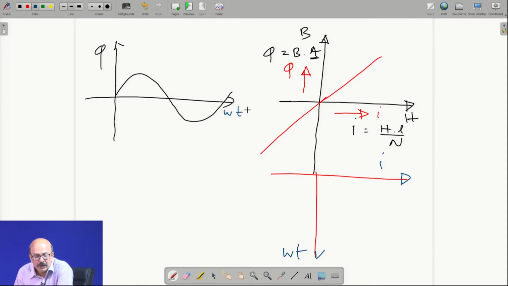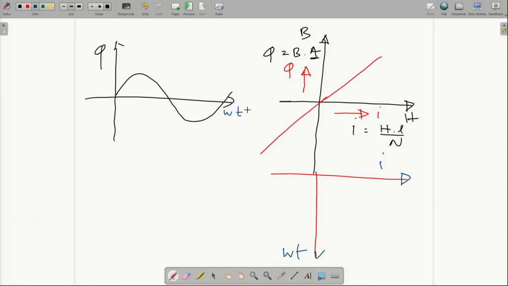For a definite flux, we are trying to find the nature of the current using the magnetization characteristics of the material. So, in the core, if you like to produce this flux, what kind of current do you need? We are just trying to do that.